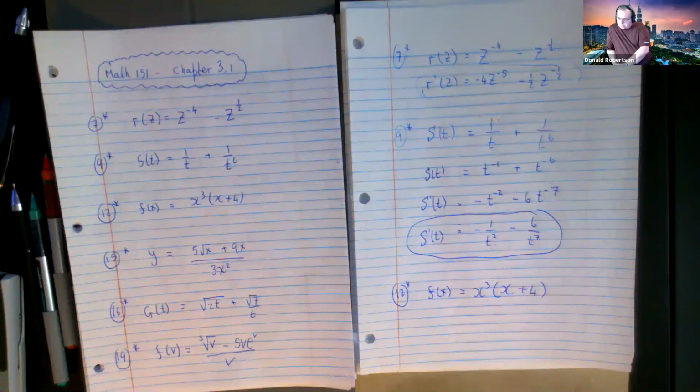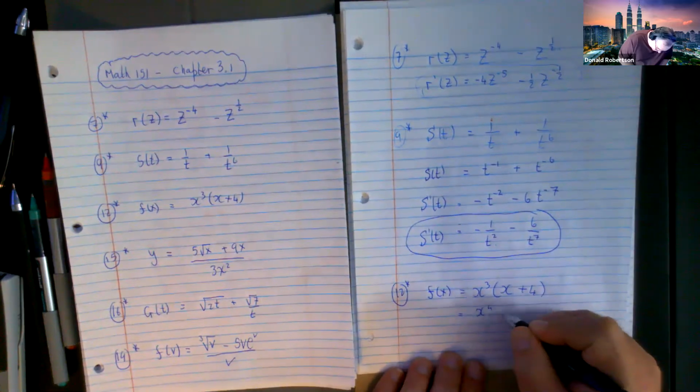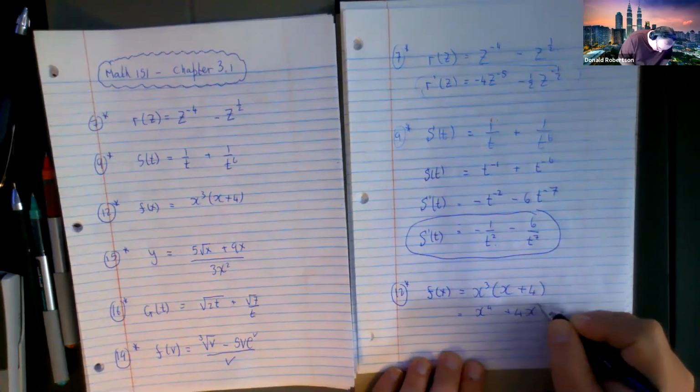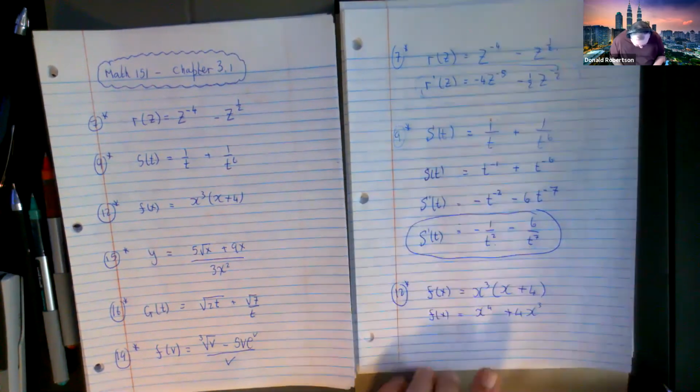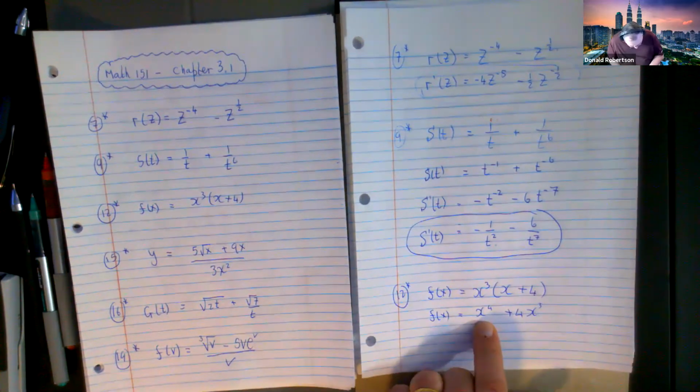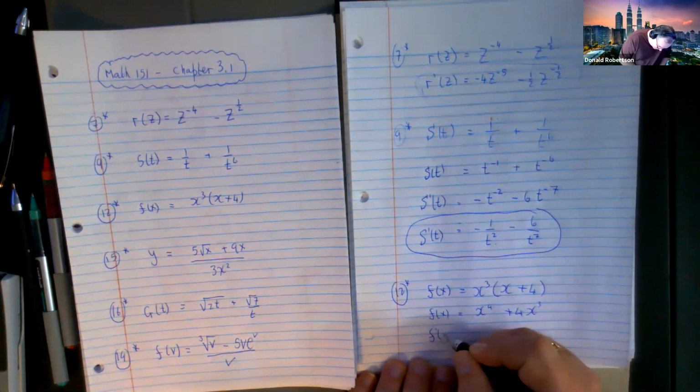So how's that going to work? Could you just distribute the x cubed? That's what I would do, yeah. x cubed times x is x to the 4, x cubed times 4 is 4x cubed. Now I can differentiate.